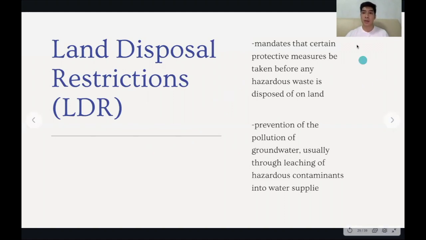It mandates that certain protective measures may be taken before any hazardous waste is disposed. Prevention of pollution of groundwater, usually through leaching of hazardous contaminants into water supplies.